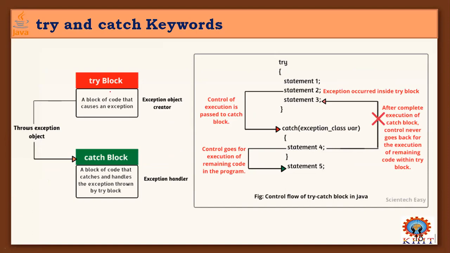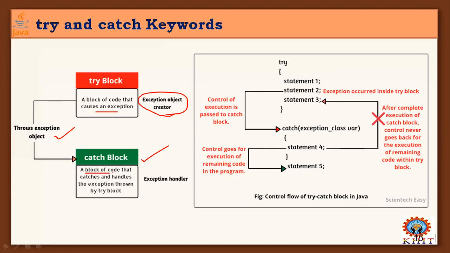We know that the try block is a block of code that can cause an exception. When an exception arises, control creates an exception object based on the type of exception generated or raised, and the control throws that exception object. That exception is caught by the catch block defined as an exception handler.